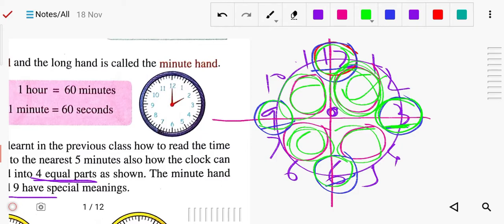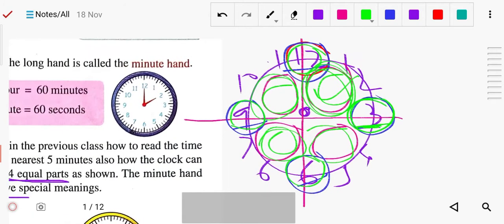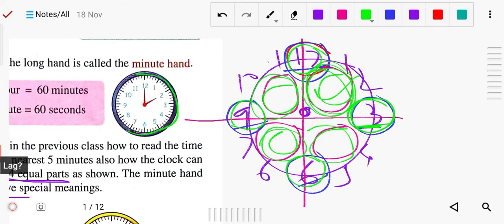Also, just see how this clock is divided. You can see that small lines are there. Each equal small division is called a minute. In the full circle, there are a total of 60 small divisions.